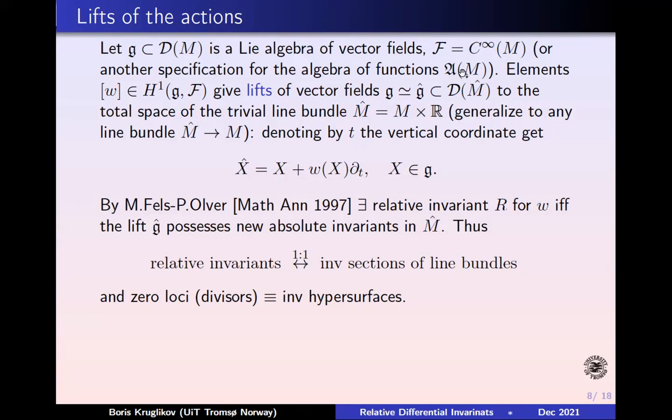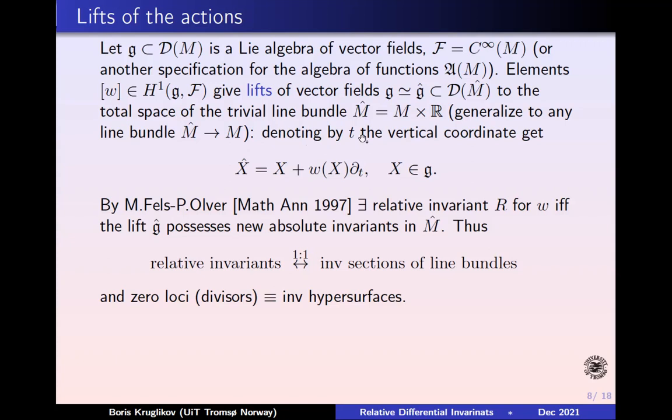Yeah. Then elements of this cohomology give lifts of vector fields from vector fields on M to vector fields on M hat. So I will denote the Lie algebra G hat. It's abstractly isomorphic to G, where M hat is the total space of a line bundle over M. Okay, in the simplest case, when I talk about functions, that's a trivial line bundle, but this can be generalized to any line bundle.